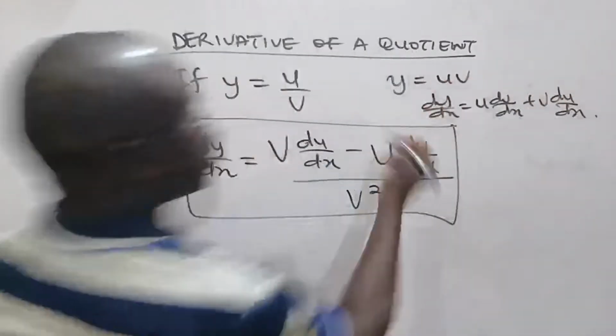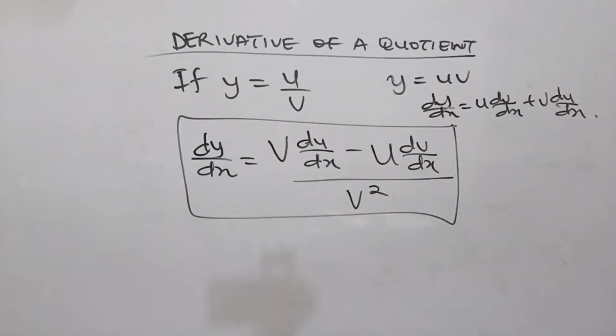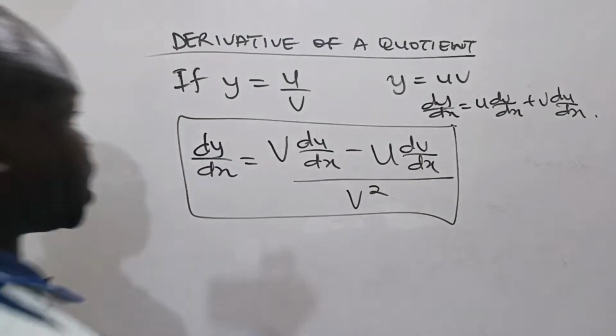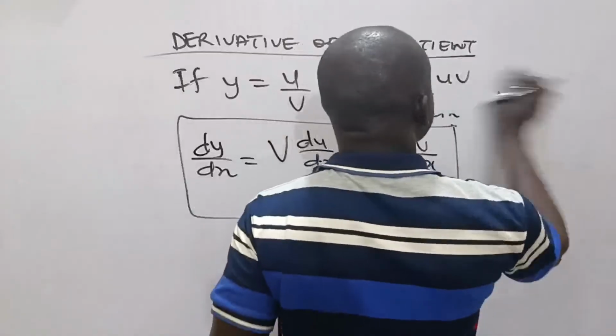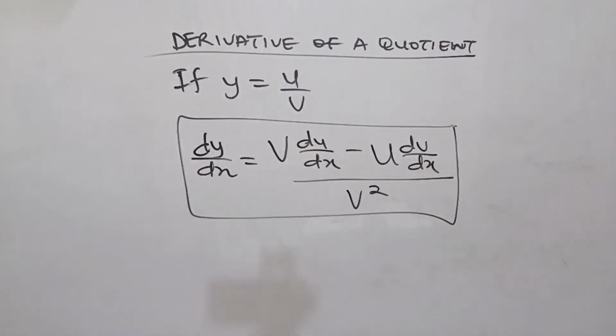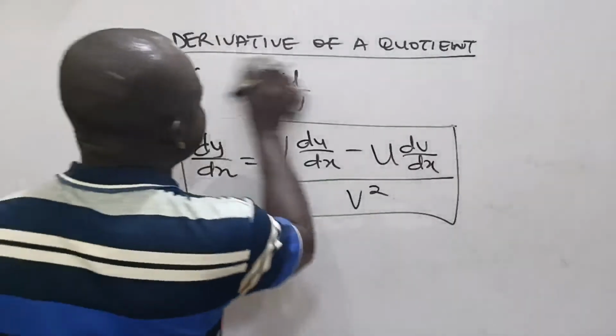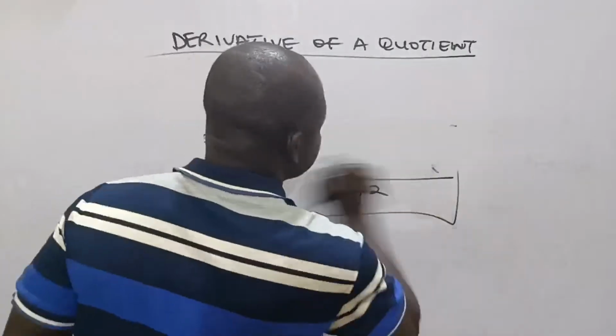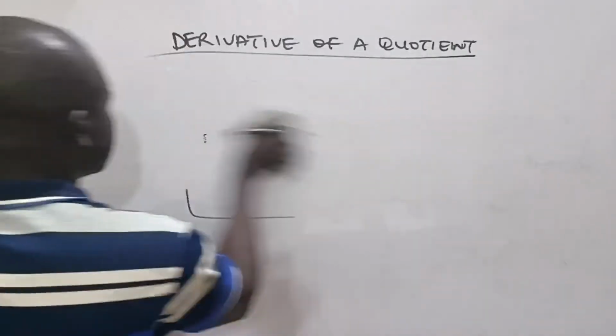So when we have product rule, the order of arrangement does not matter. But when it comes to quotient rule, the formula must start from v. Then we have a subtraction sign there. But in case of product rule, you can start from anywhere, and it's just addition.